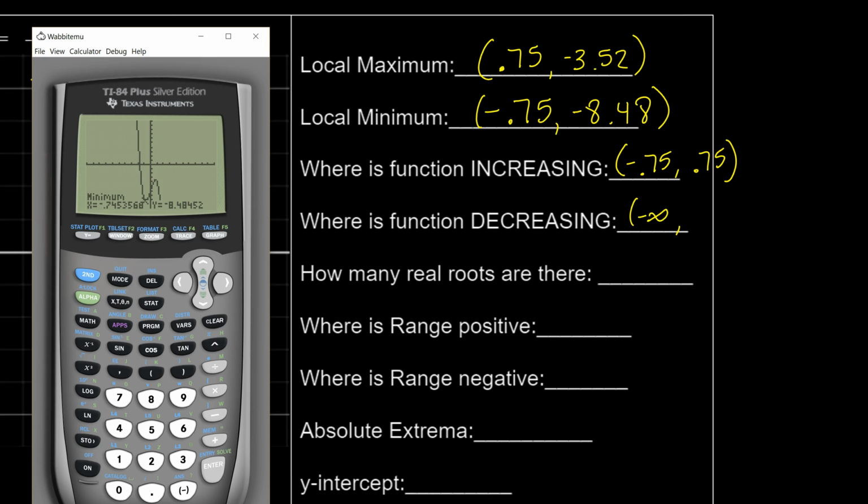So I'm decreasing here. I started at the x value of negative infinity, way over there, right? And I keep decreasing till where? Yes, the minimum. I stop decreasing at the local minimum, which has an x value of negative 0.75.